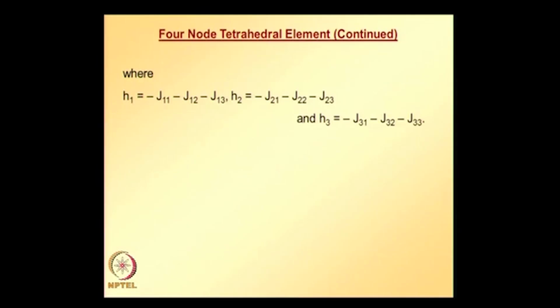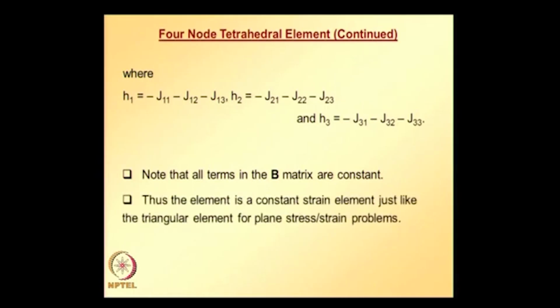If you see this strain displacement relation, it can be easily verified that all terms in the B matrix are constant. So, this element is a constant strain tetrahedral element, just like the 3 node triangular element for plane stress plane strain problems.